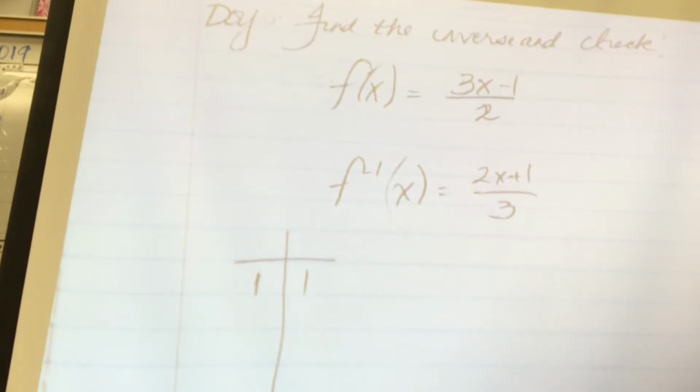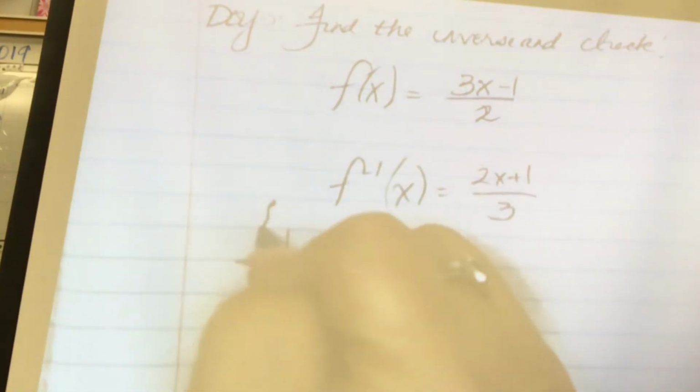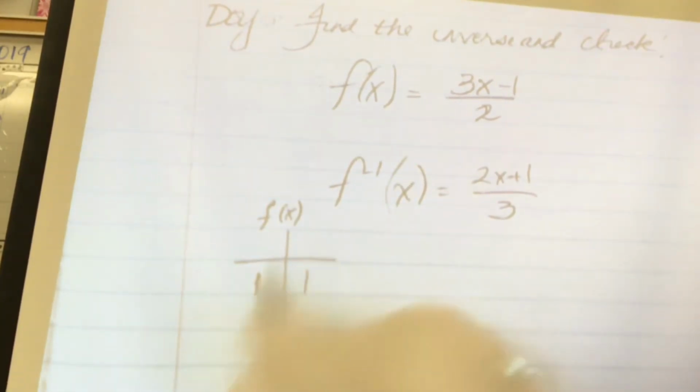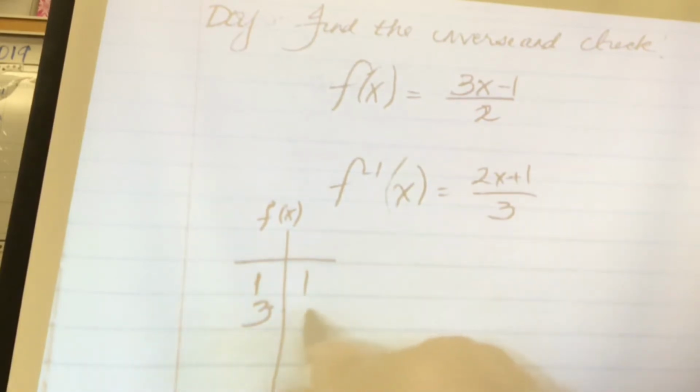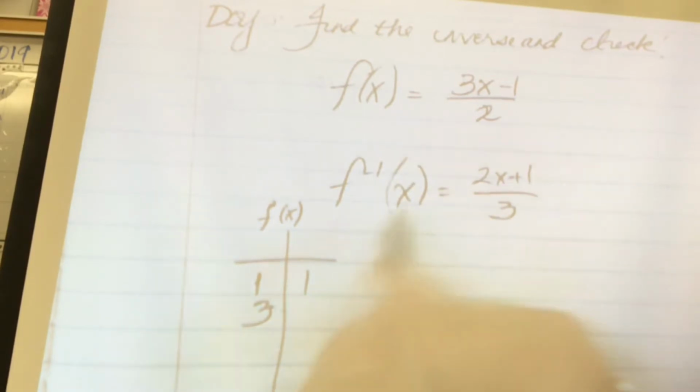So here, can you give me another point that worked? Like what did you plug into the original equation? 3. Okay, and when you plug in 3, what did you get? 4. Negative 4. No, yeah, 4.